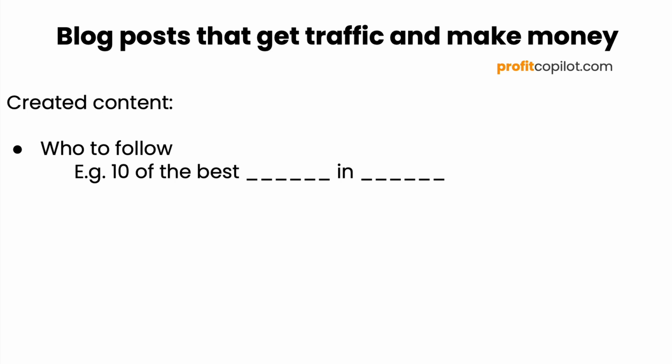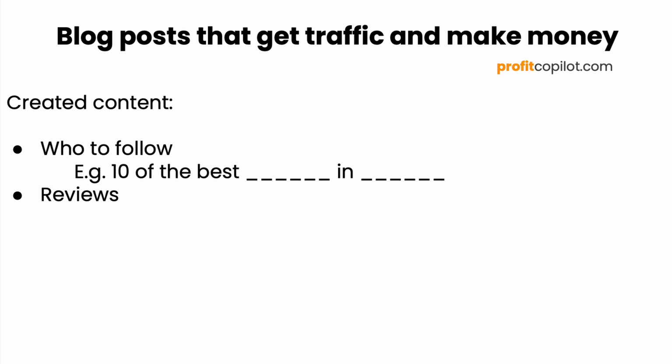That wasn't my intention, but there you go. It got traffic, it got some traction for me. So I'm sharing it with you because all these methods work. So all you do is list the 10 of the best marketing experts in copywriting or whatever is relevant to your niche.